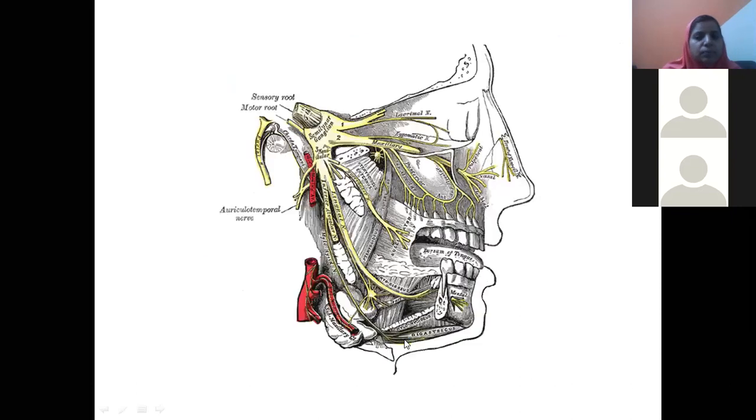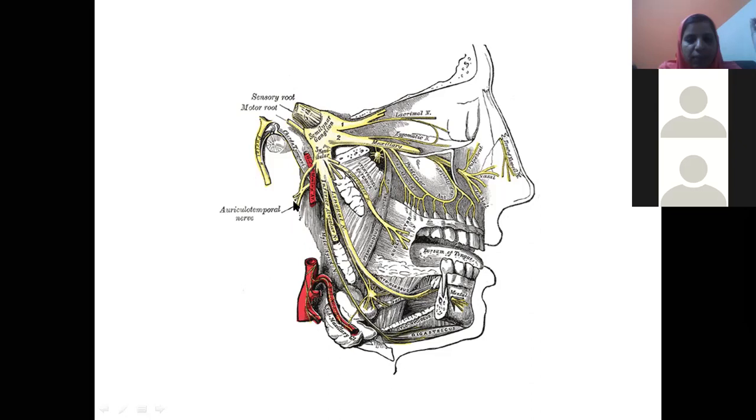So what is the name of this nerve you are seeing on the screen? Trigeminal, ma'am. What is this number 1 division? Ophthalmic. Very good. Second is maxillary. Third one is mandibular. Do you remember I told you it has one main trunk, then it has an anterior division and then a posterior division?